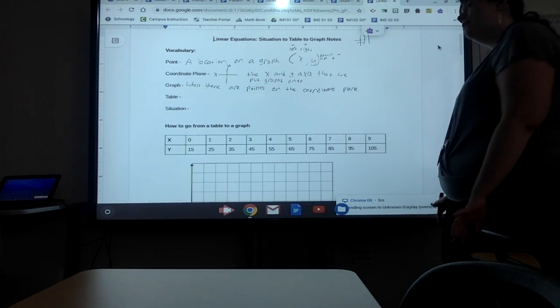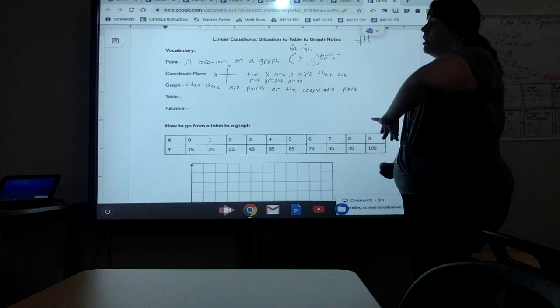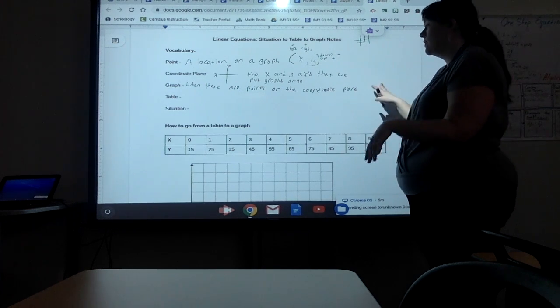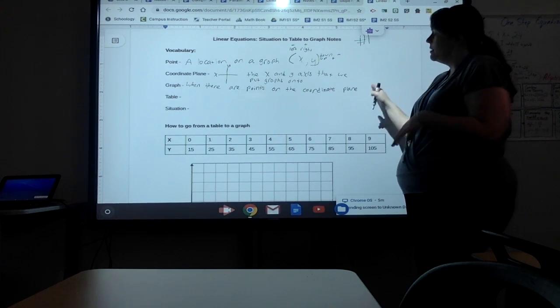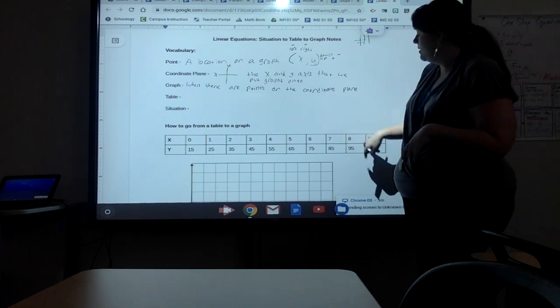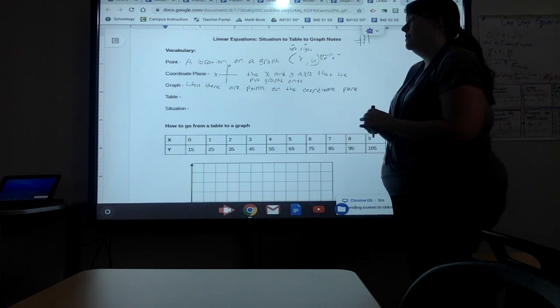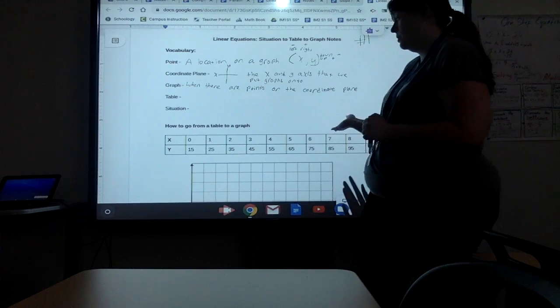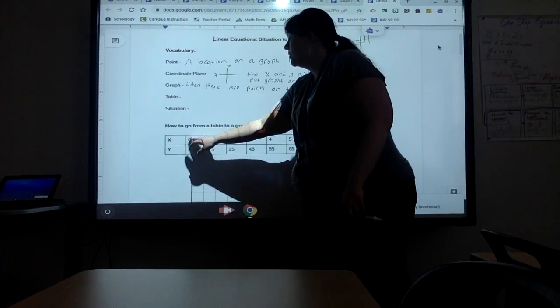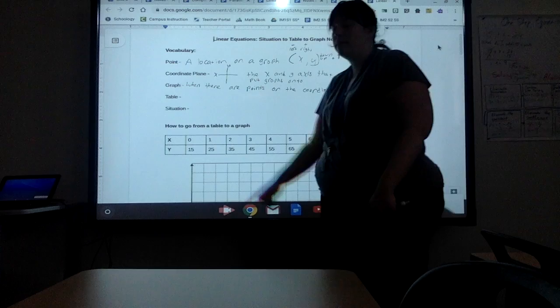So then in math, we have a few different ways to represent things. We have graphs, obviously, and we just talked about that. But we also have tables. This is a table right here, and it's a list of points. When you look here, if x is 0, y is 15, that is 1 point.